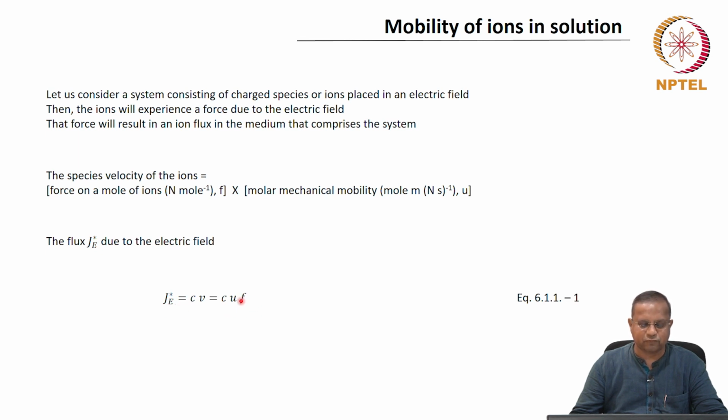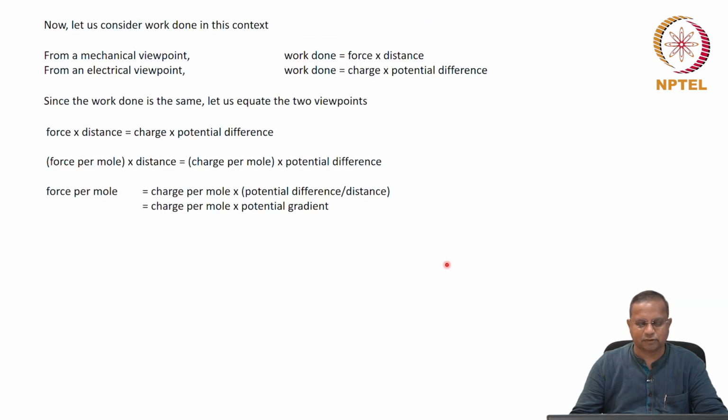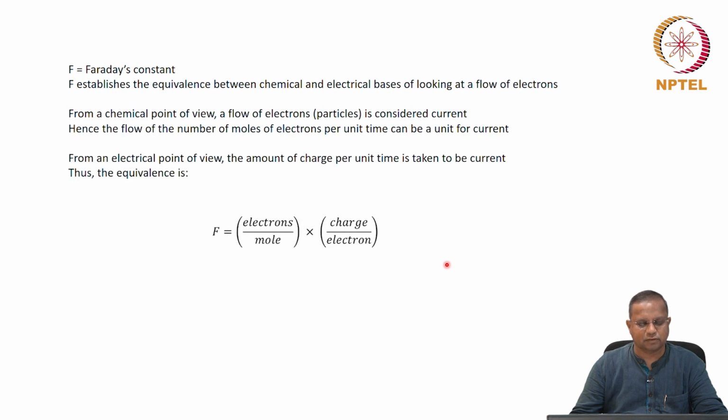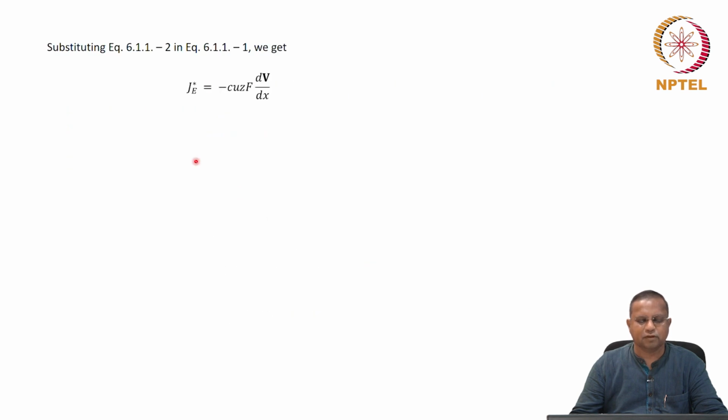So we are going to substitute for F using ZFE, and if we do that, we get JE star due to the electric field. This E represents the electric field, and it is nothing but CUZF dV/dx.